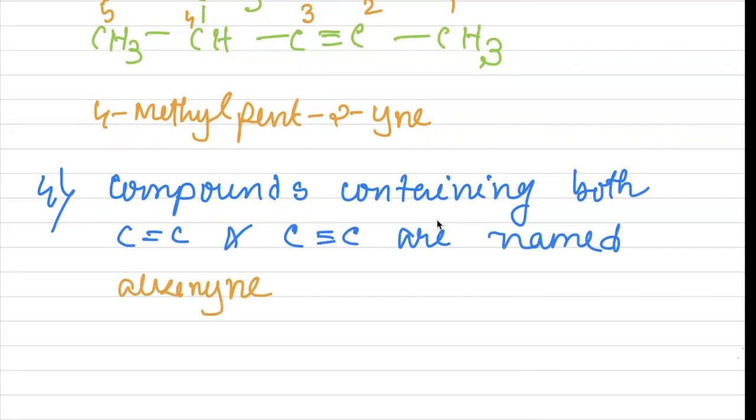So compounds containing both carbon double bond carbon and carbon triple bond carbon are named as alkenynes.